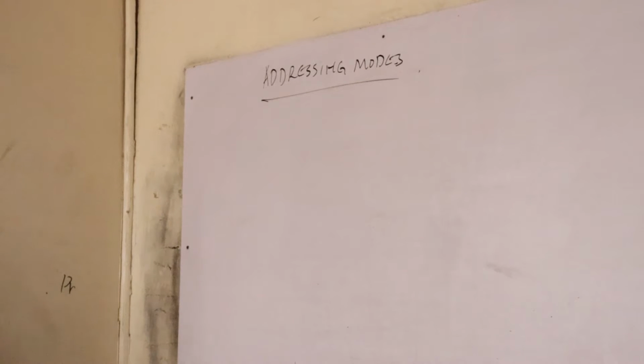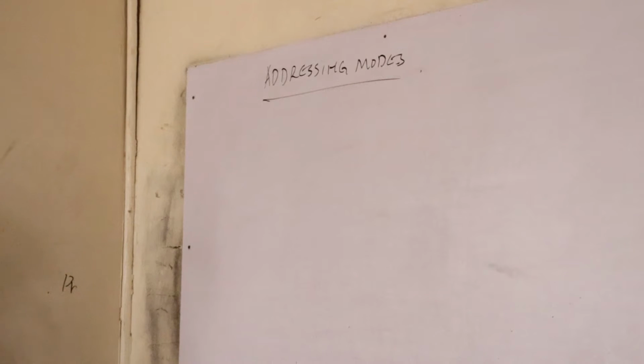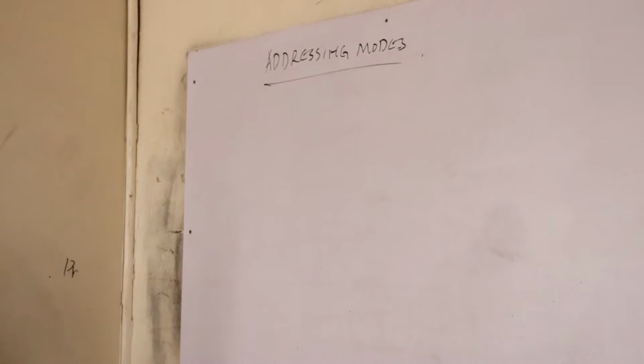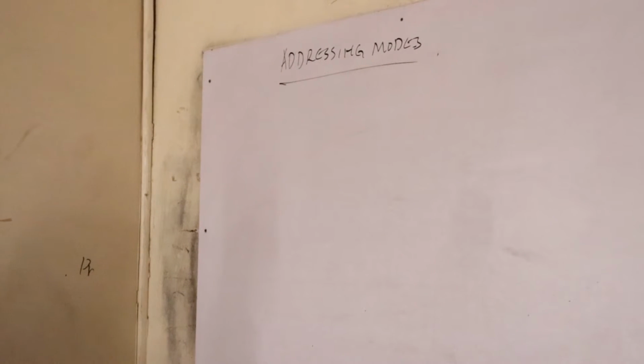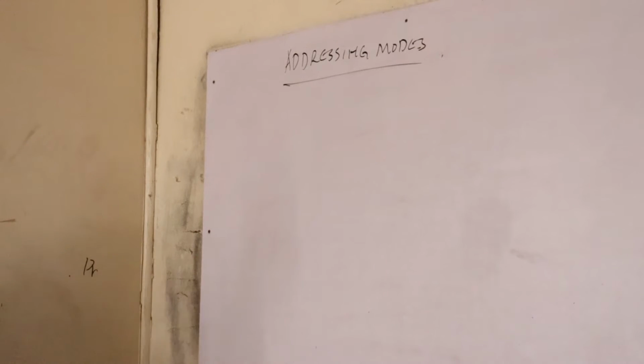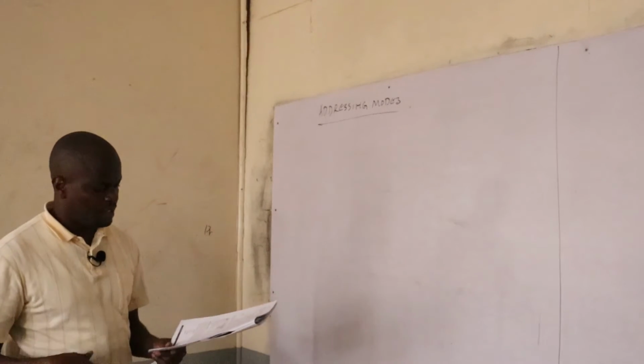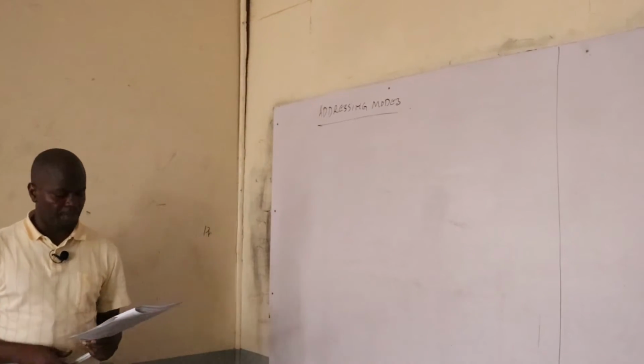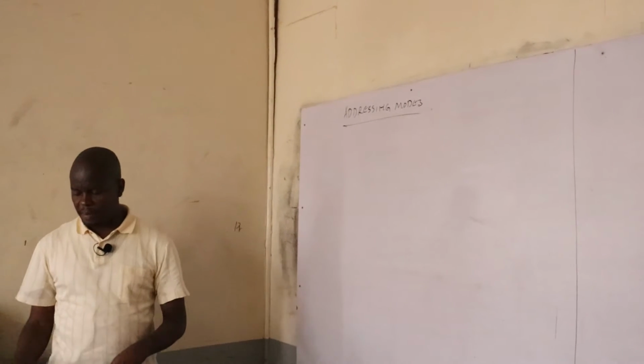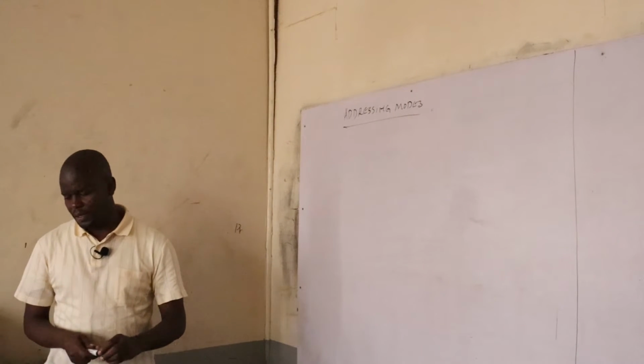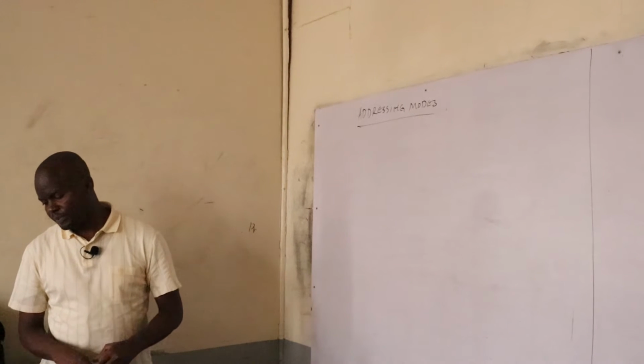So we are going to look at the addressing modes of 8051 microcontrollers. Basically, the CPU usually accesses data in various ways. This data can be found in a register, in memory, or it can be given as an immediate value.